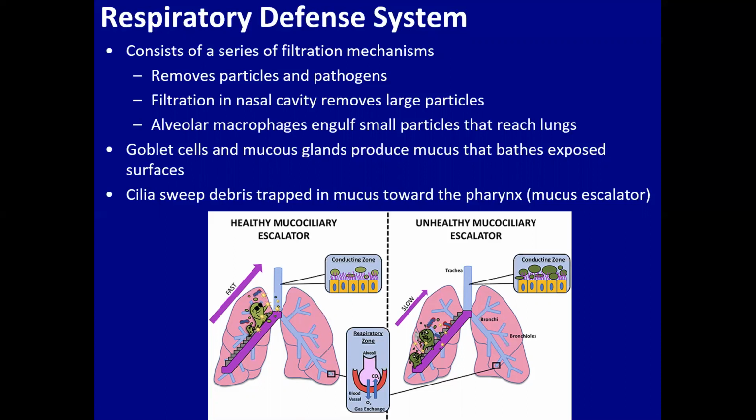Again, we have goblet cells and mucus glands that are going to sweep debris using the mucus escalator to get the particles out of your respiratory system. And so here is a great cartoon of this mucus escalator.